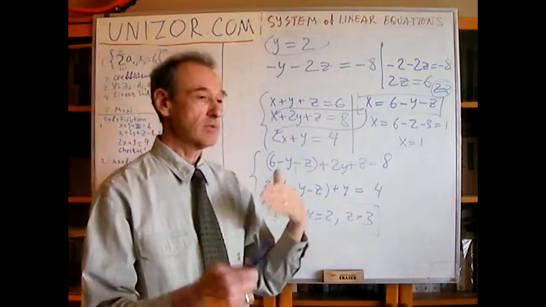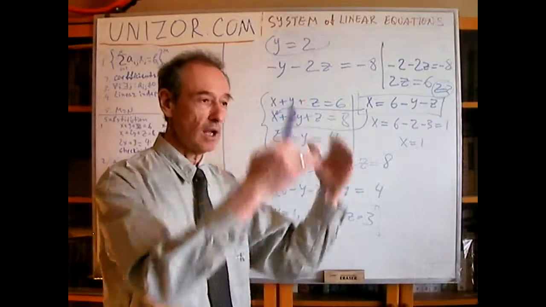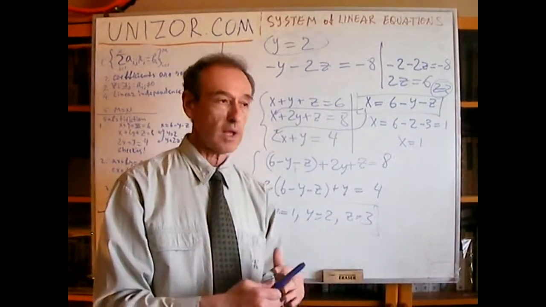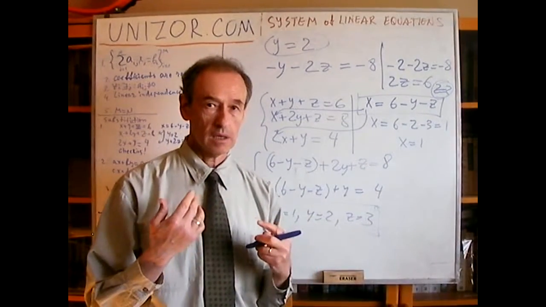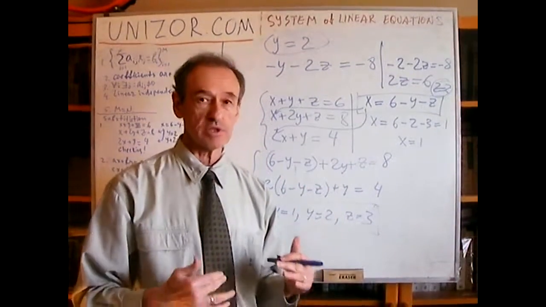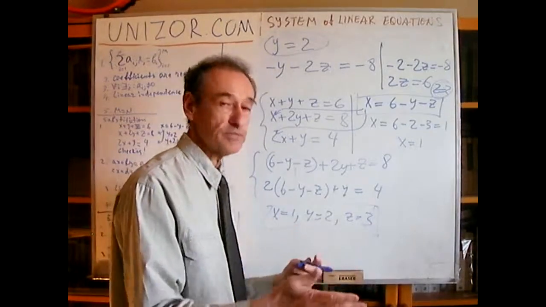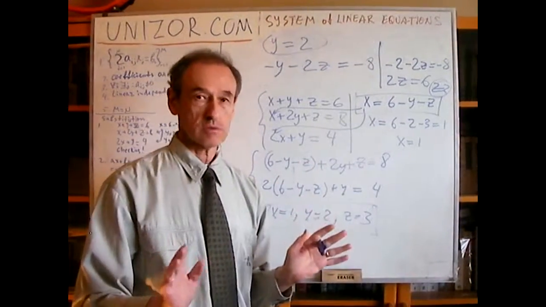And basically, even if it's more complex, I can do exactly the same thing again and again and again. On each step, I'm reducing the number of equations by one, number of variables by one. So if I initially have a system of n equations with n variables, after n steps of substitution, we can actually get to the solution. Straightforward, no ingenuity, lots of calculations. Granted.